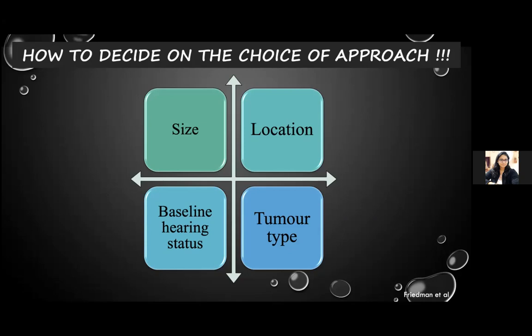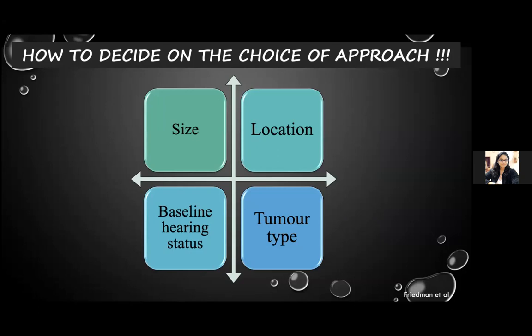And when it comes to tumor type, how does tumor type decide the choice of the approach? There are different tumors present in the cerebellopontine angle. The most common tumor is the acoustic neuroma or vestibular schwannoma, and there are other tumors like meningioma. The tendency of meningioma is to displace the tissue instead of invading it.